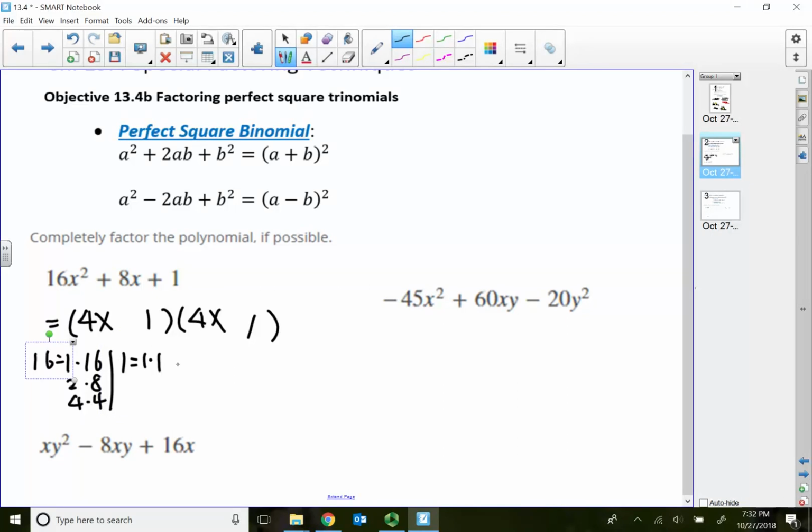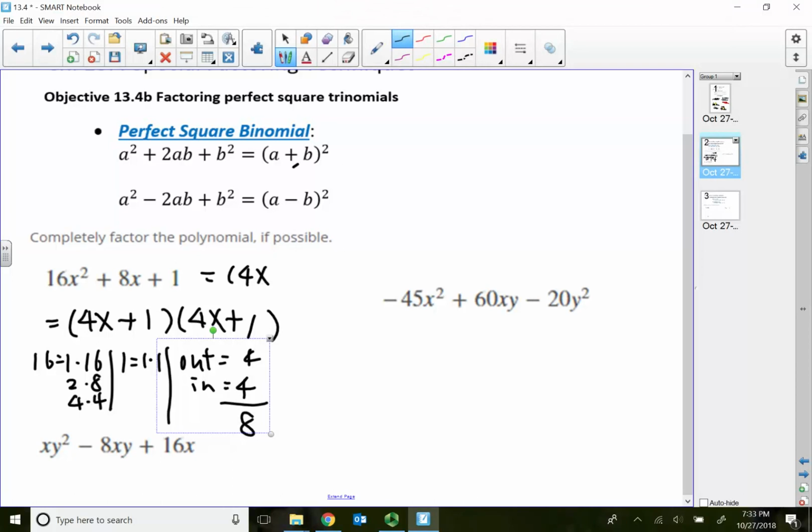So now think about this. My outer is 4, my inner is also 4. You see, I got two of the same inner and outer, so combined they will be 8. So this problem is actually a perfect square binomial, which is (4x plus 1) times (4x plus 1), or you can say that's (4x plus 1) whole thing squared.